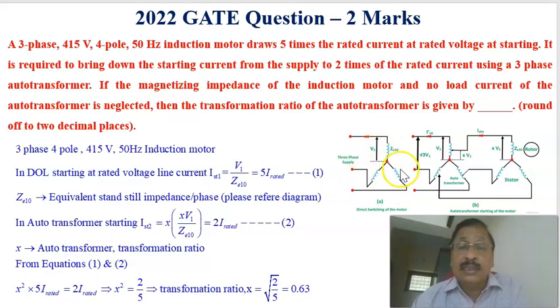This is a DOL starter, direct online starter, that is, the stator is directly connected. Therefore, in the 3-phase 4-pole 415 volts 50 Hz induction motor, this is the stator.